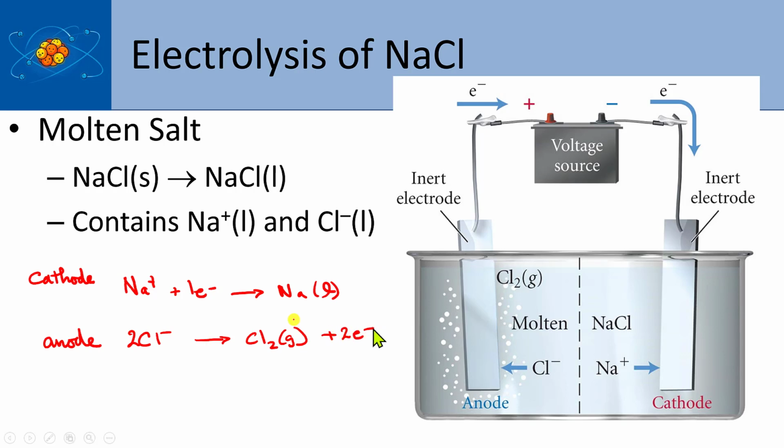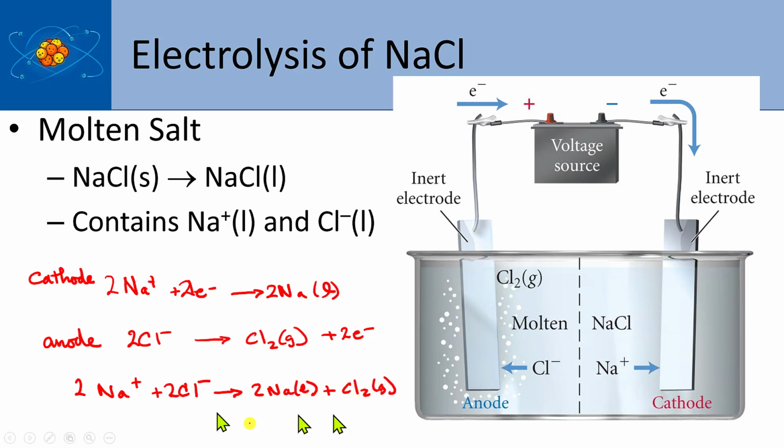And so the overall balanced reaction would actually be doubling of this, right? And I'll have 2Na plus 2Cl minus makes 2Na in the liquid state plus Cl2 in the gas state.